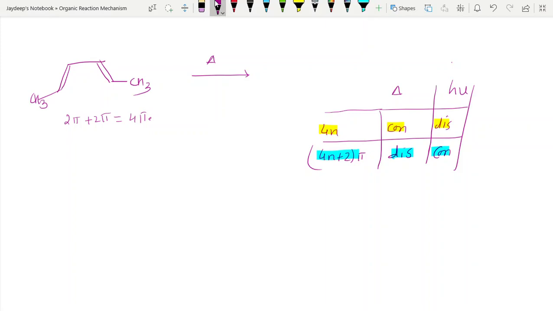On the same example, we are going to consider conrotatory and disrotatory. If you consider con, con means either clockwise rotation or anticlockwise rotation.